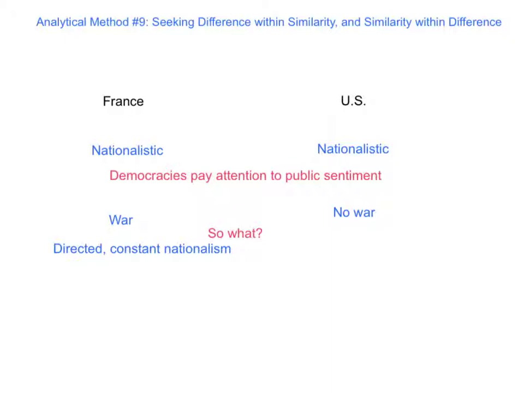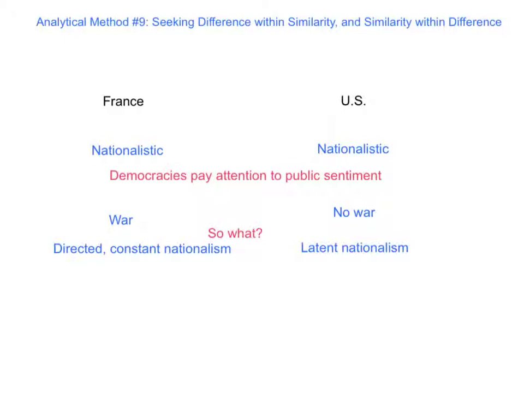Whereas in the U.S., the nationalism was there, but it wasn't always bubbling on the surface, although it could appear in certain circumstances, like when you think of the Spanish-American War in 1898. So maybe there's something to this idea of different types of nationalism popping up in somewhat similar societies that then led to different results, going to war or not going to war.